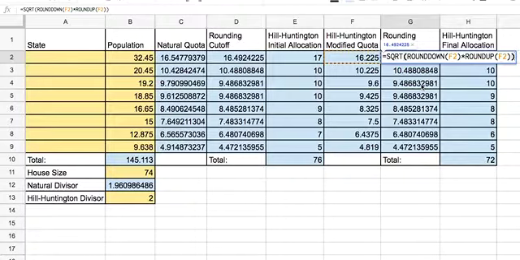So that's the rounding cutoff there right now. Final allocation is this right here.